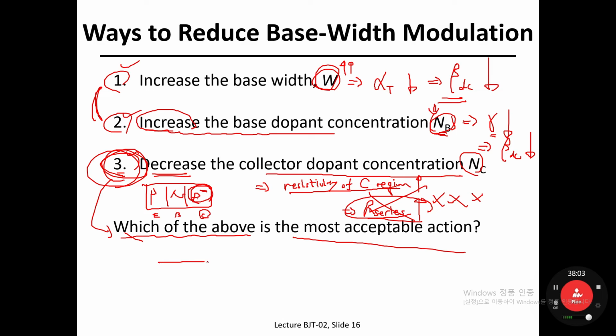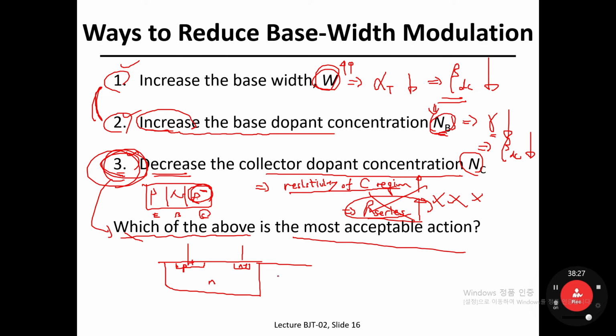We are going to learn the cross-sectional view of the modern BJT device. But here I'd like to draw the cross-sectional view of a modern BJT device. So let's see. This is an N-type, kind of N-well, and that is P plus, and that is a tap cell.